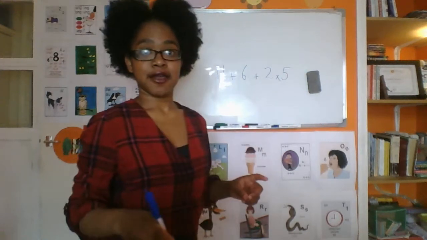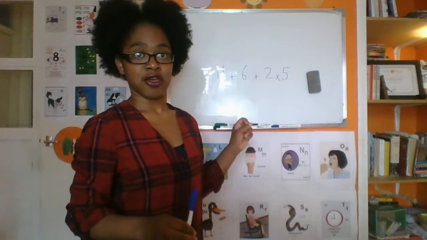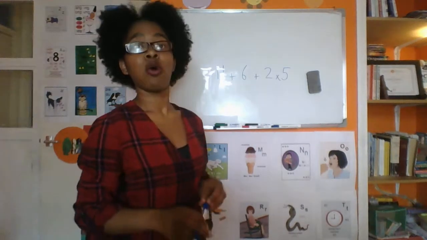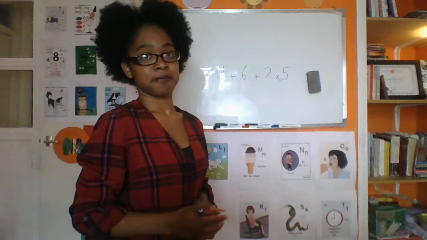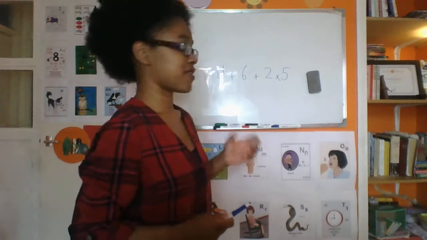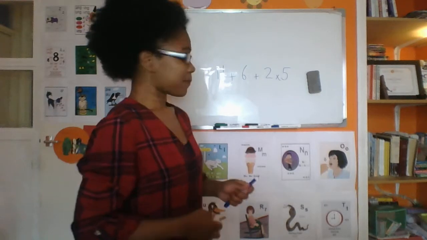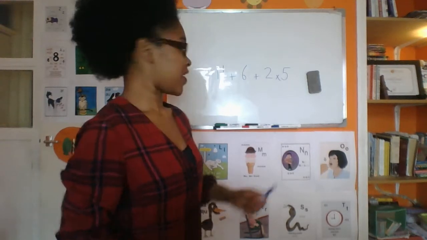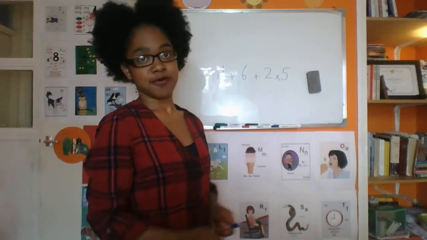Now I want you to think, which operation should I do first? Should I do the addition operation or should I do the multiplication operation? Think about it. You can pause the video if you'd like and try and see if you can work this out yourself. Well, assuming you've paused the video and worked it out yourself, you use the multiplication operation first.